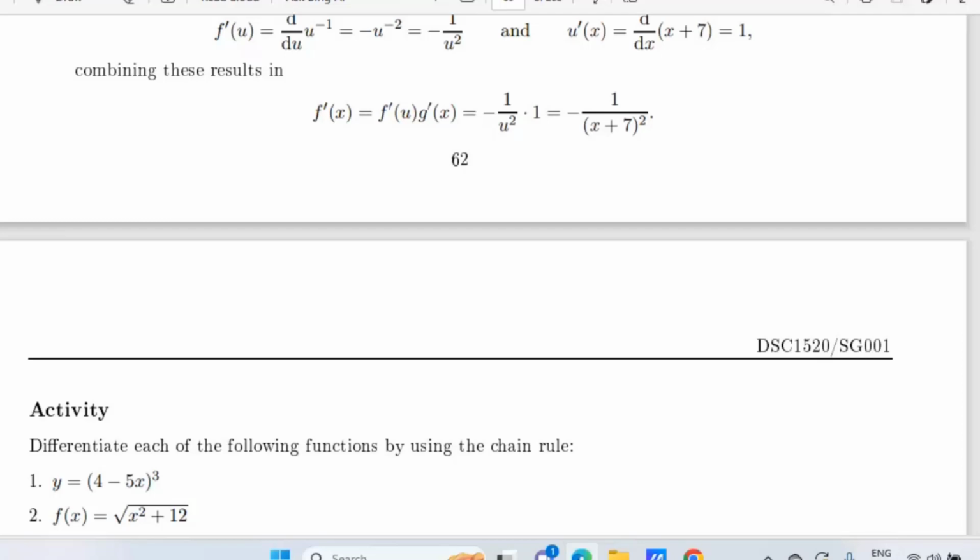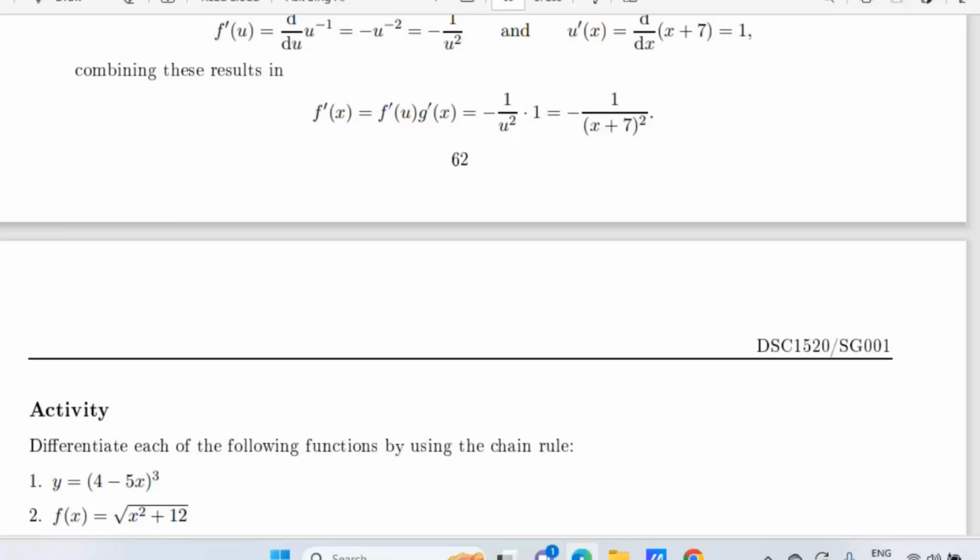And then remember u is equal to x squared plus 12, so we substitute back where u is. So then it's going to become half, bracket x squared plus 12, all to the power negative half, multiplied still by the 2x.